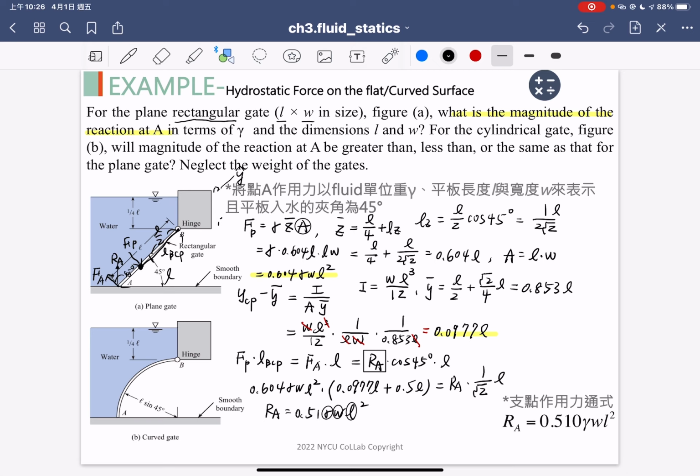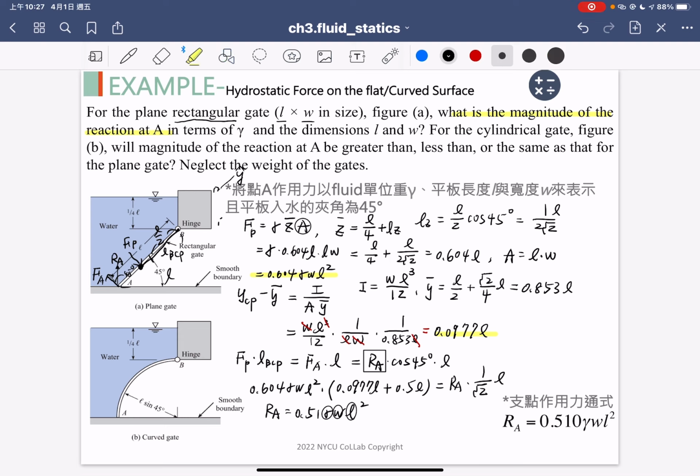For the engineering design, if the reaction force is smaller, it will be better, because we would like to open the gate. If the reaction force is larger, more force is required to open the gate. So for the designer, we need to reduce the reaction force based on our design.